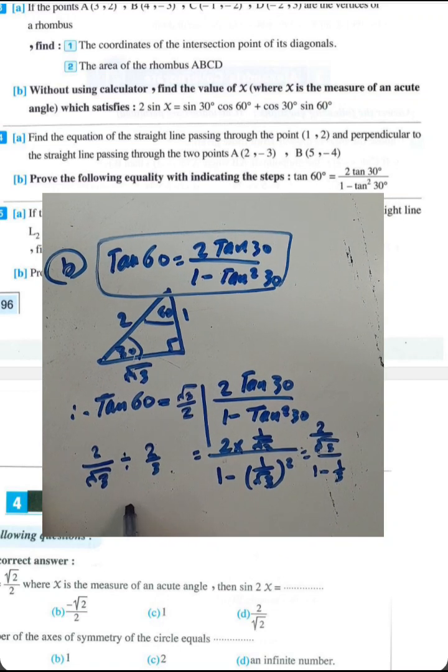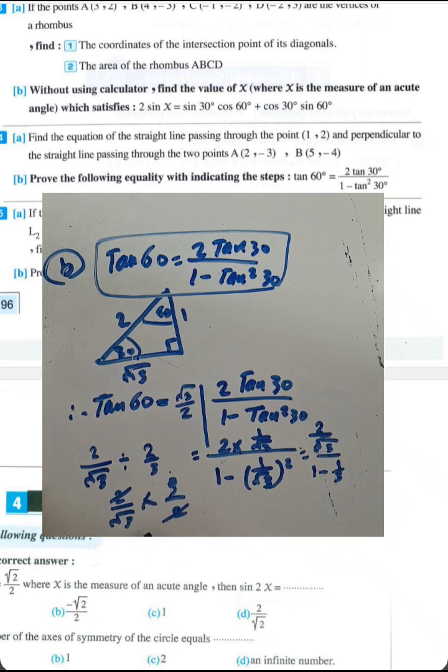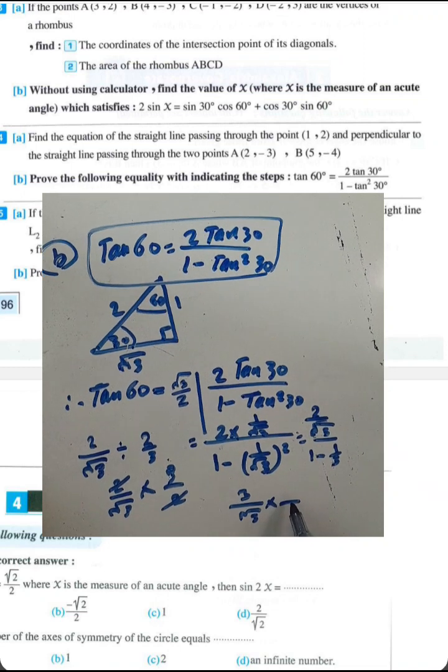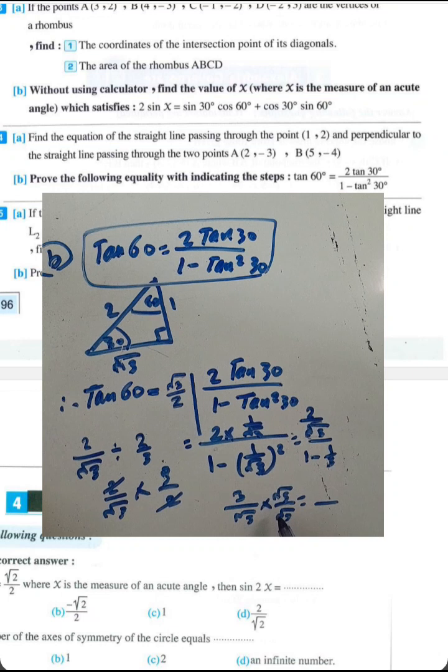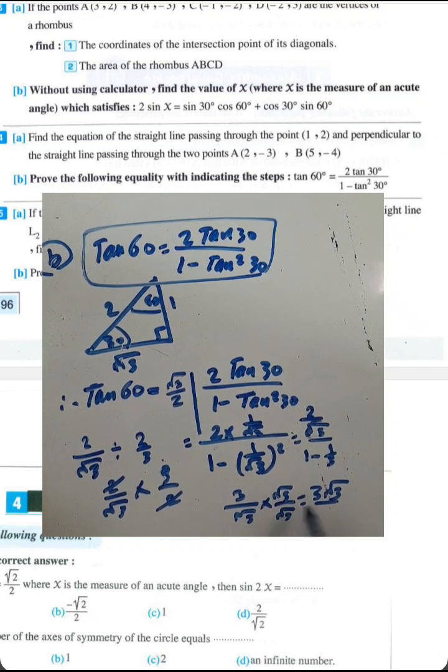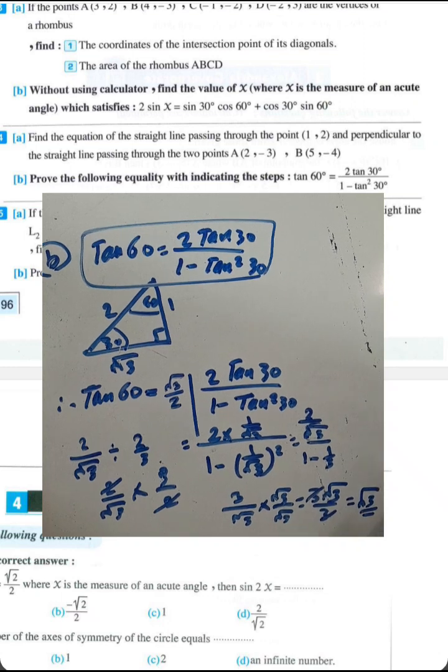Convert from division to multiplication, write 2 over root 3 times 3 over 2, cancel 2 by 2, then the result will be 3 over root 3. We can find the result in the simplest form by multiplying numerator and denominator by root 3. Then we can write 3 root 3 over 3, cancel 3 by 3, then the result will be root 3.